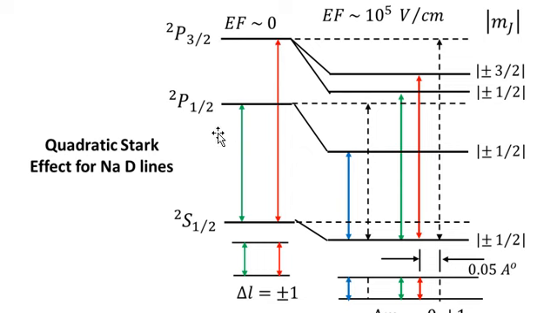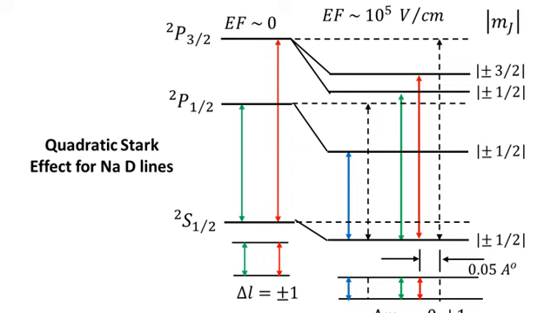So the transition from P1/2 to S1/2 and the transition from P3/2 to S1/2 give the sodium D1 and D2 lines respectively, represented in green and red, when the electric field is approximately zero.